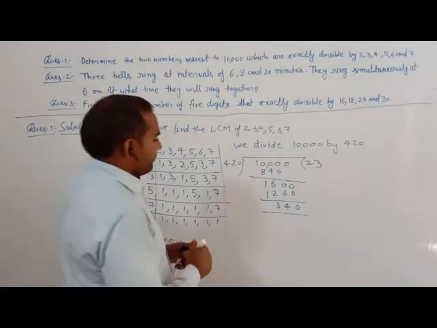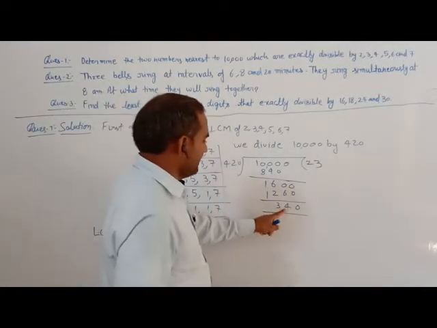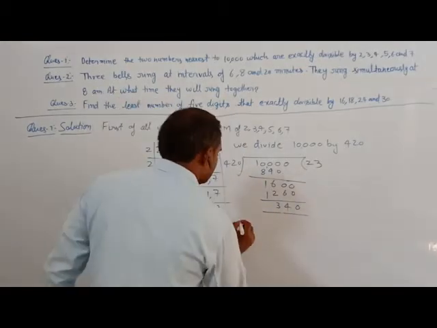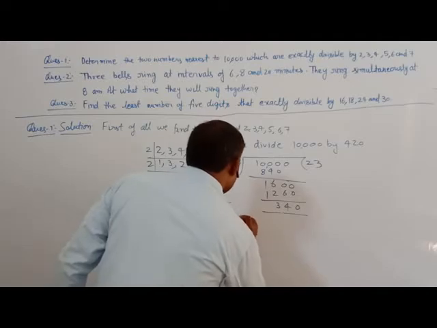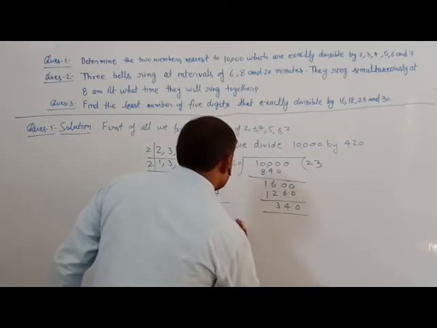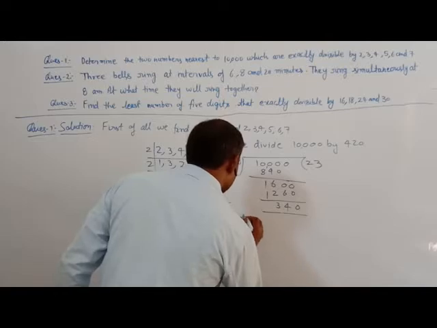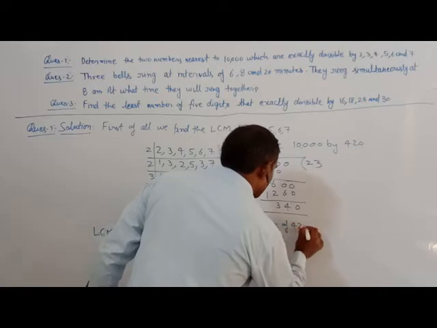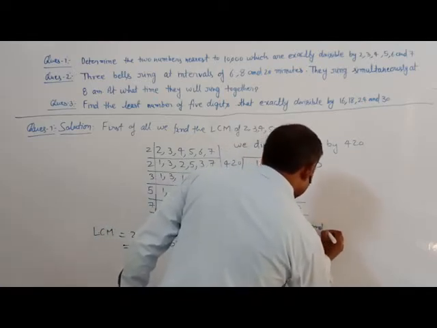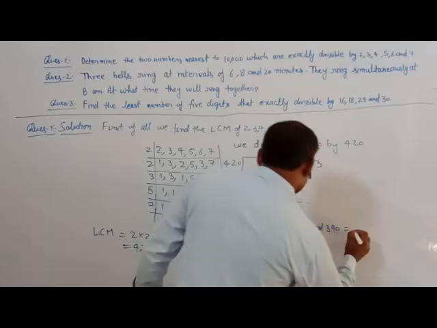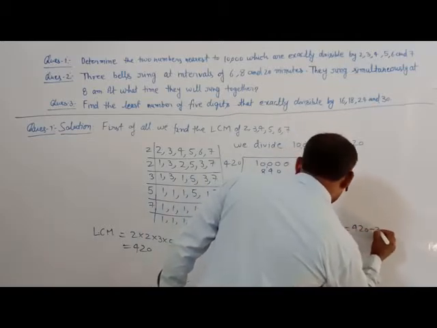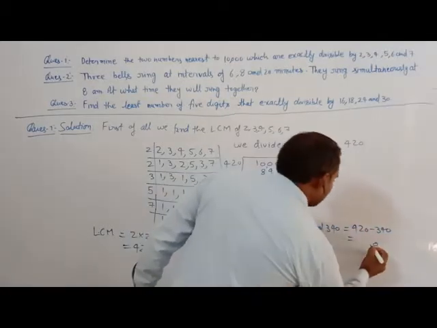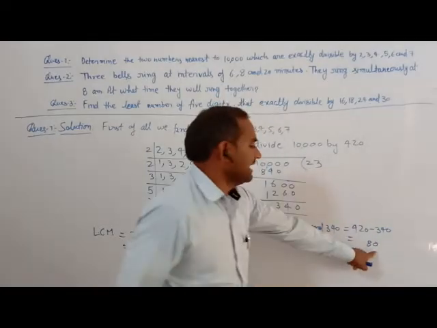So now, when we find the nearest 10,000, we add the required difference of 420 and 340, which is equal to 420 minus 340. 0 out, 4 from top, 8. 80.